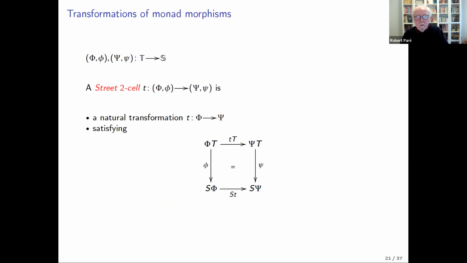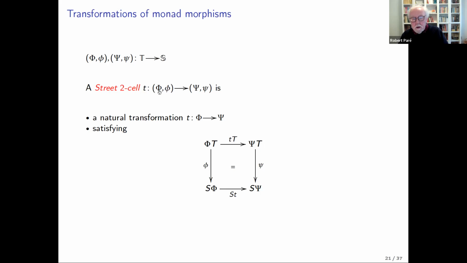And now, what about transformations? So in the original paper, Formal Theory of Monads, Street defined morphisms of monads, but also two cells.